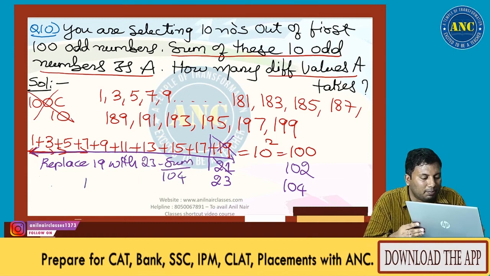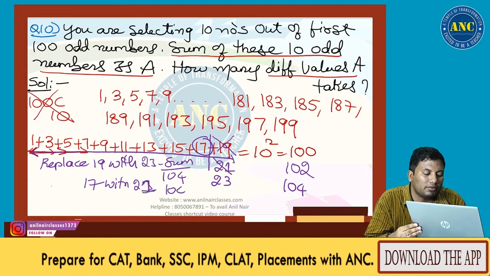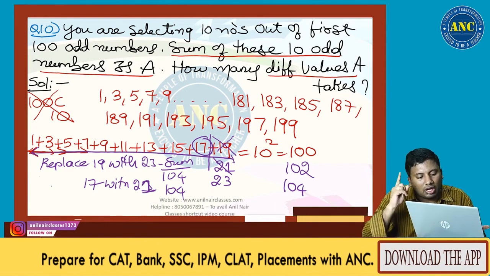Suppose I replace 17, if 17 is not there, till here the sum will be 83, because 83 plus 17 only is 100. I replaced 17 with 21. What is 83 plus 21? 104. The sum 104 can also come if I replace 19 with 23, and can also come if I replace 17 with 21.